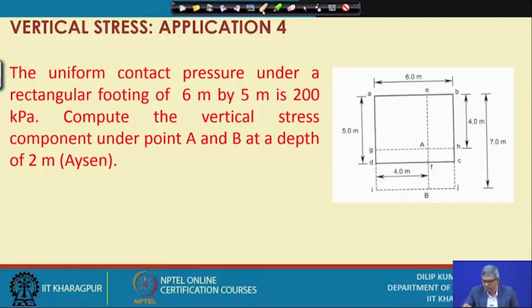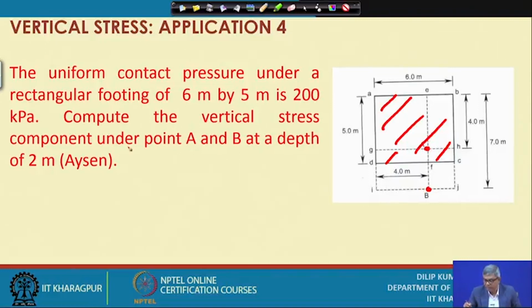You can see here, this is the area actually loaded, under this outline, and the point of interest A is here, and another point of interest B is here. At these 2 points you have to find out the stress, at a depth equal to 2 meter.